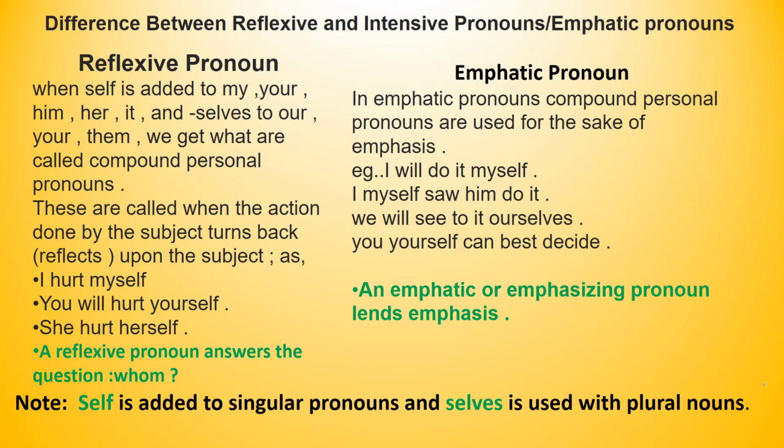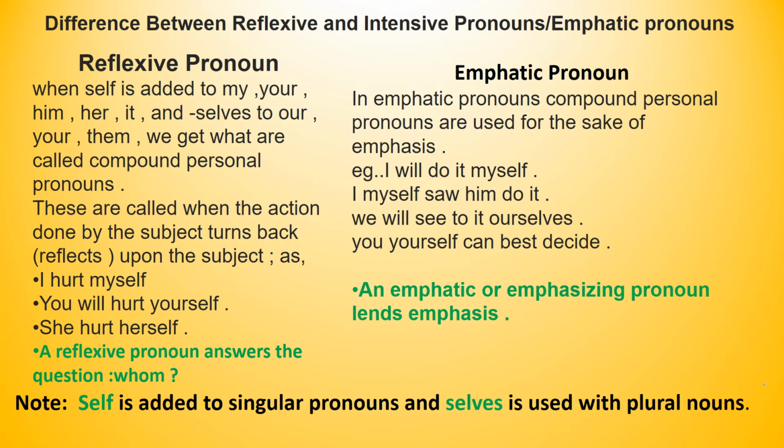When self is added to my, your, him, her, it, and selves to our, your, them, we get what are called compound personal pronouns. These are called reflexive when the action done by the subject turns back or reflects upon the subject. As in, I hurt myself. In this sentence, I is the subject, myself is the object, and when we talk about myself, who got hurt?